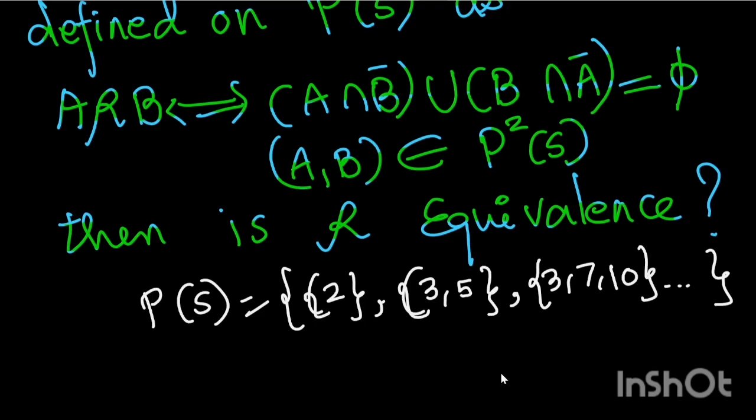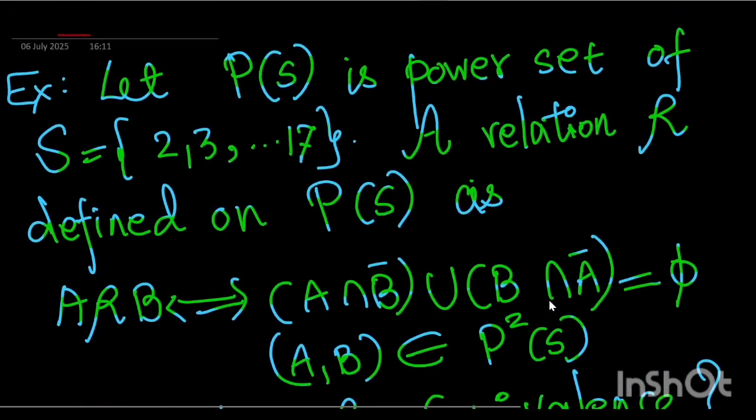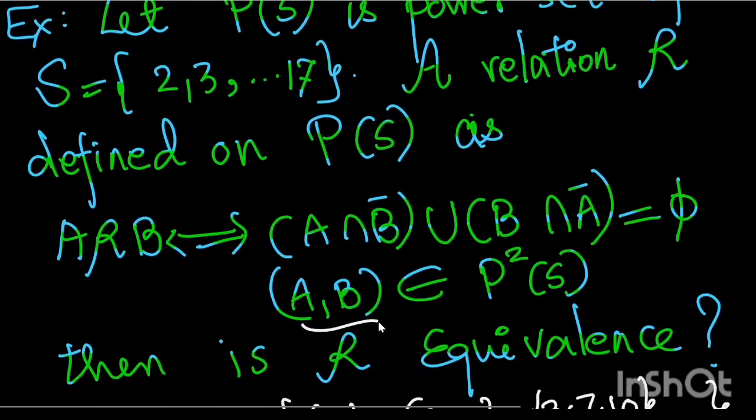So A can be any. This can be A, this can be B, this can be A or B, this can be B or A, anything. So the meaning of (A, B) belongs to P(S) × P(S) is this: they are basically subsets made from the set S, which is 2, 3, 4, 5, 6 till 17.